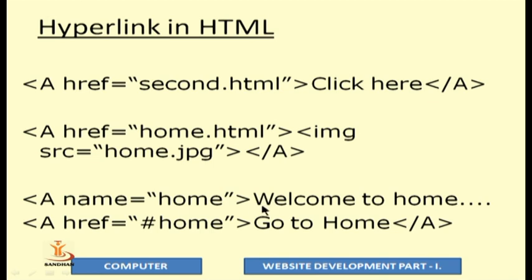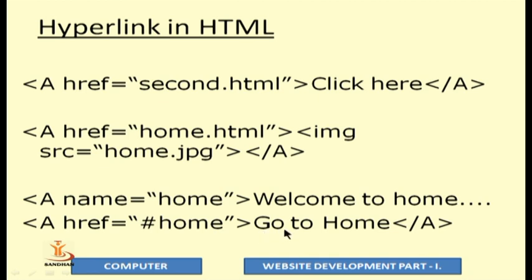When you want some positions to be bookmarked, you have to declare this bookmark position with A and use the attribute name. Specify the attribute name and give your customized name like home or maybe chapter 1 or maybe some topic name, whatever you like. And when you want users to come to that particular bookmark position, you have to write a href and use hashtag and the bookmark name.